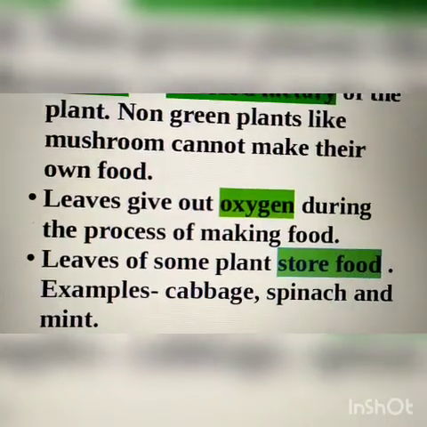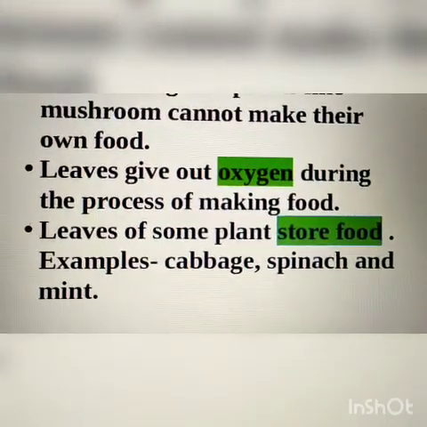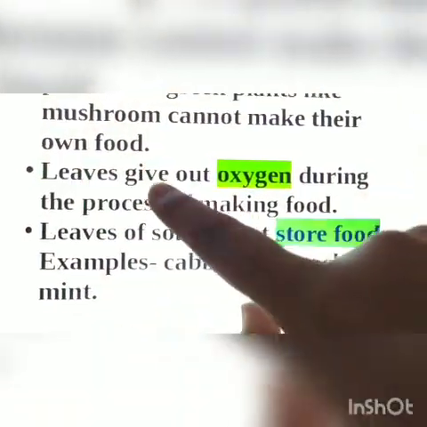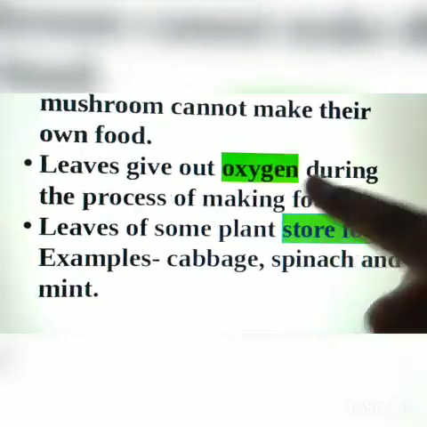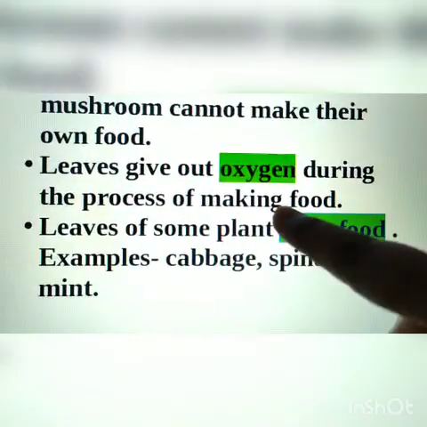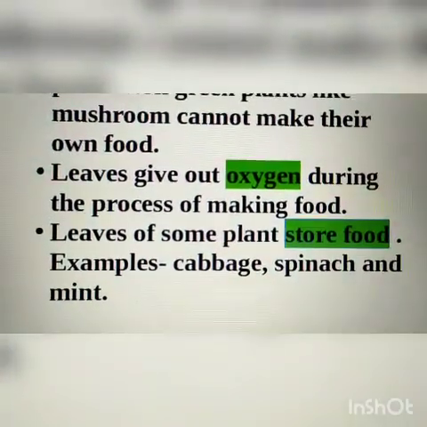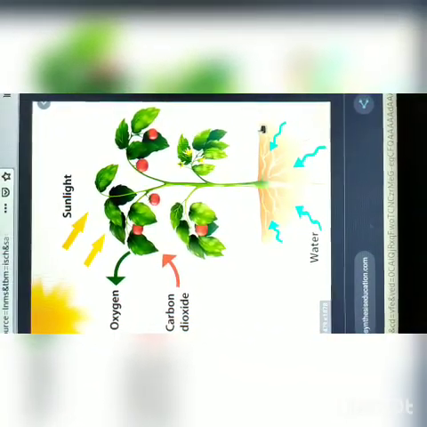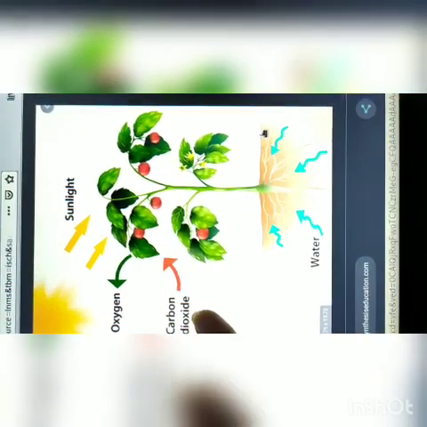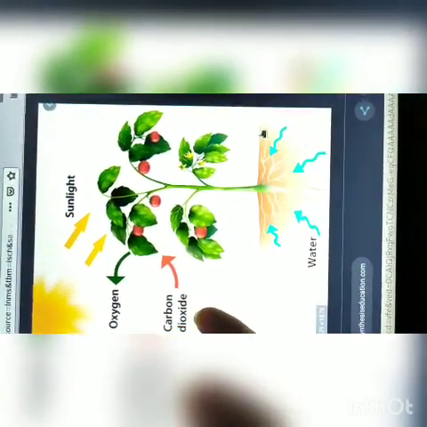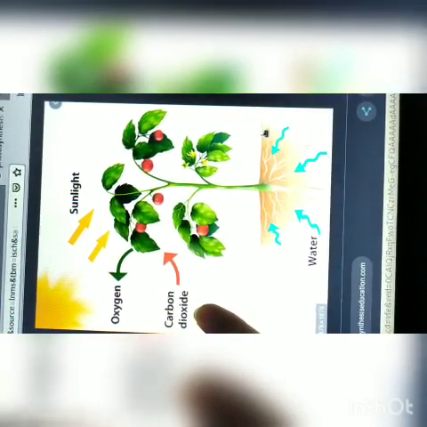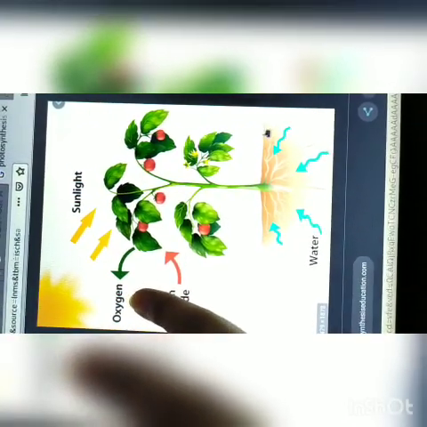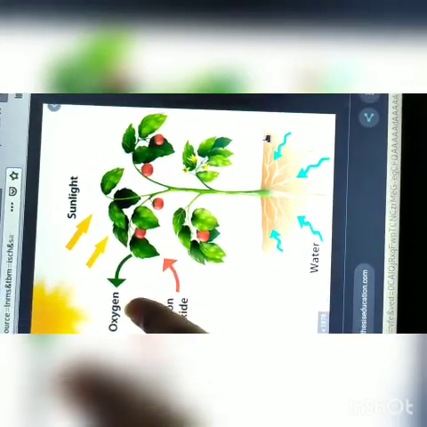Now, the next function is that leaves give out oxygen during the process of making food. See here, during the process of making food, plants take carbon dioxide from the air and release a gas called oxygen, which we take.